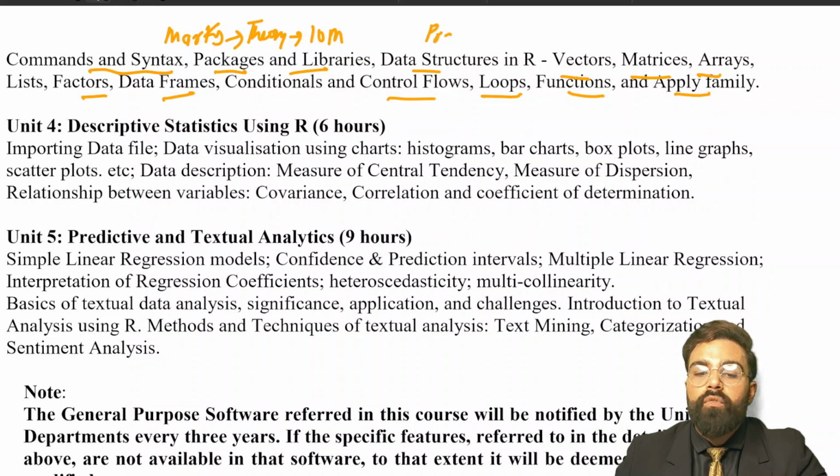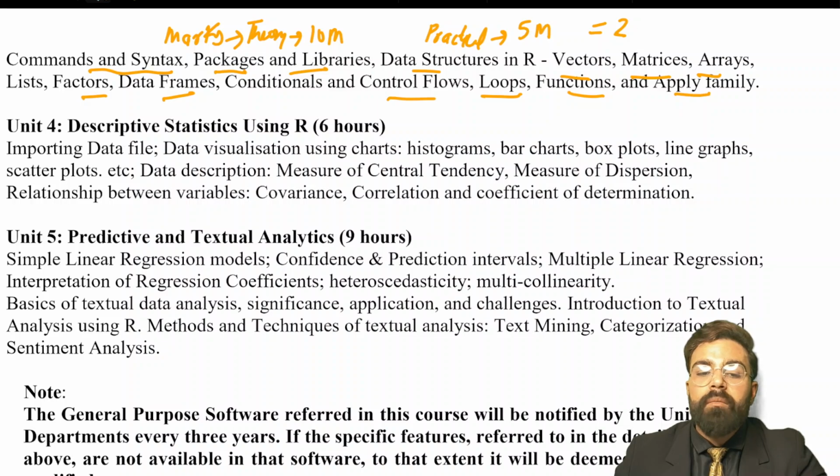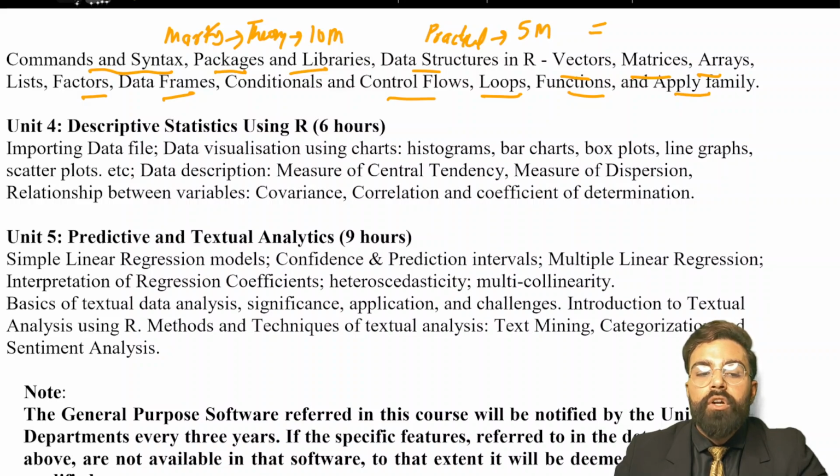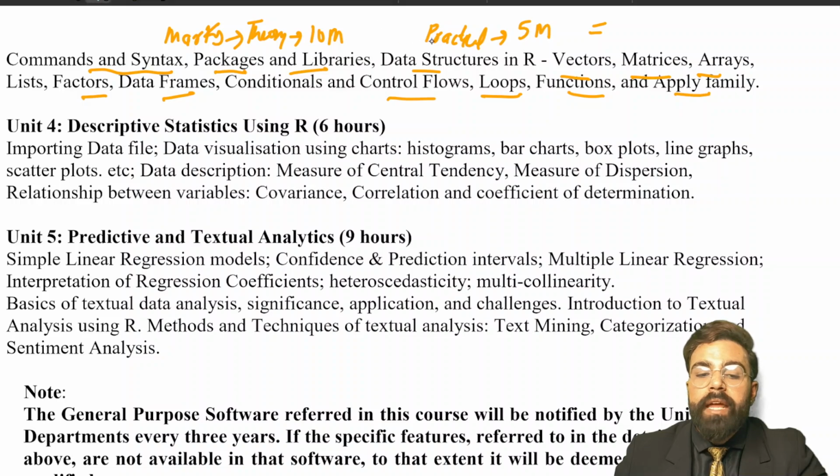Similarly, for the practical part, the practical component from this unit will be 5 marks. So the overall total weightage will be 15 marks, right? So make sure that the total weightage from this particular unit is 10 plus 5, total of 15 marks.